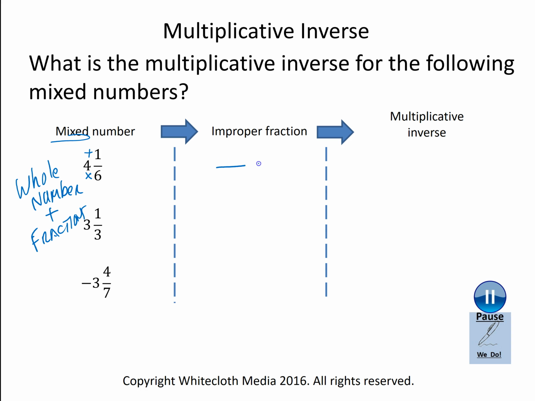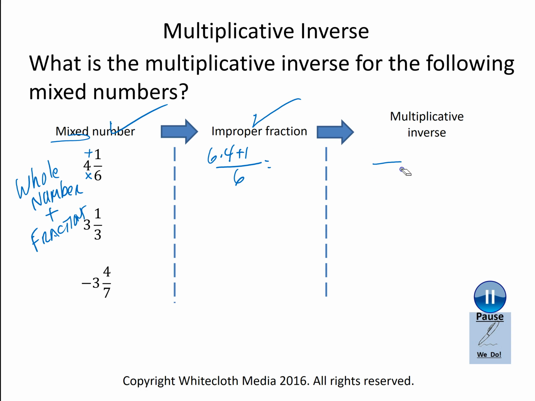So we keep the same denominator. So it's 6 times 4 plus 1 gives us 25 divided by 6. This is our improper fraction.